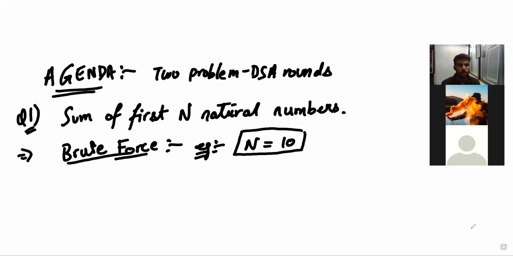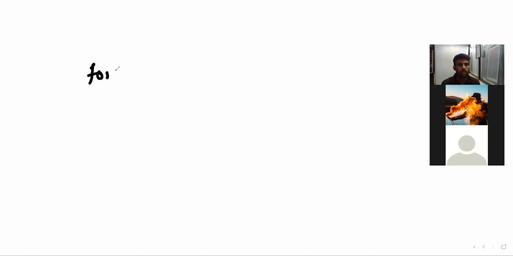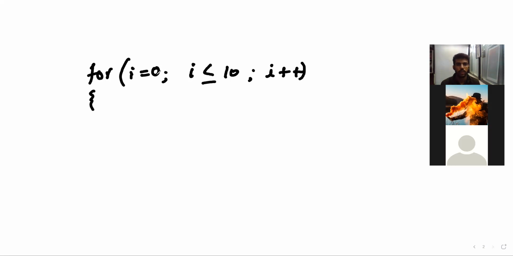This is the brute force approach. We can start a for loop, initialize it with a counter variable i, until 10, because we have to count up to 10, and then we would increment the counter after every iteration.